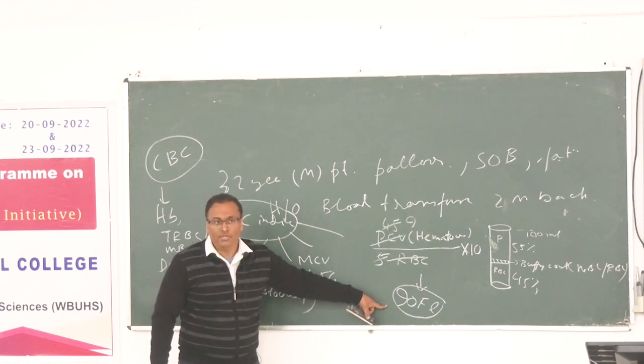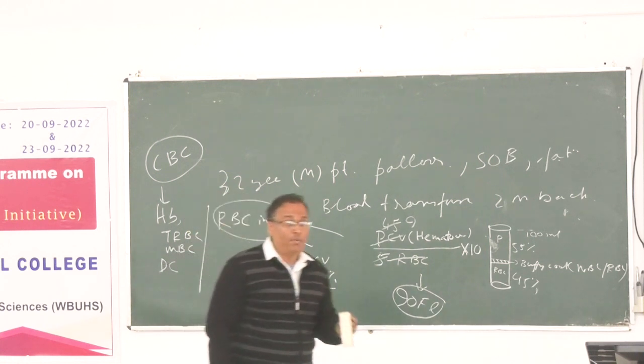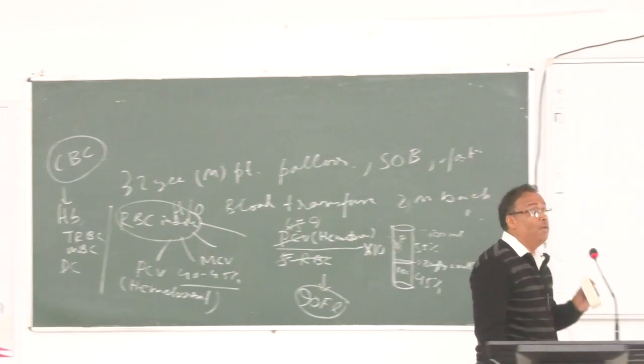So this is the volume of a single RBC. Now why is it important? Because it is important for the classification of anemia.